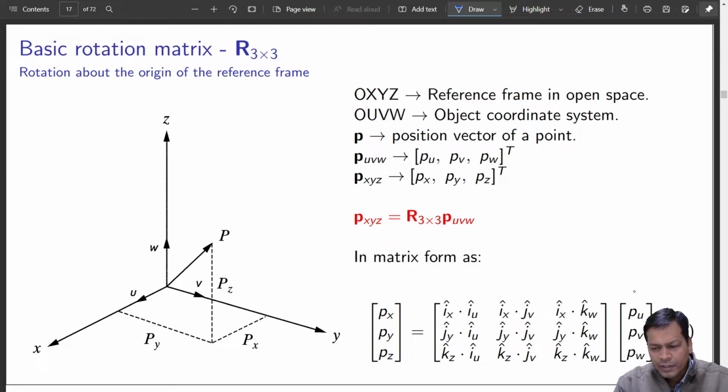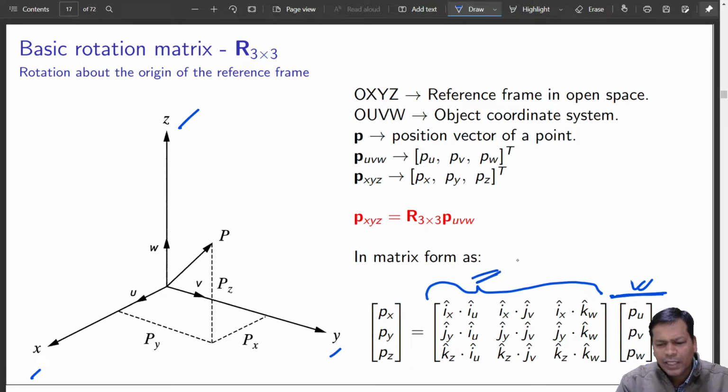Overall, if this is your initial coordinate, PUVW is the initial coordinate, that is the object frame. If I want to represent this object frame in terms of the global frame, that is XYZ, you have to multiply with this rotation matrix.